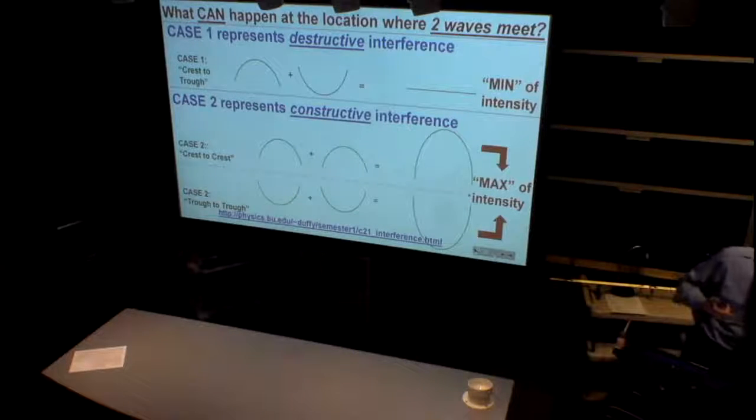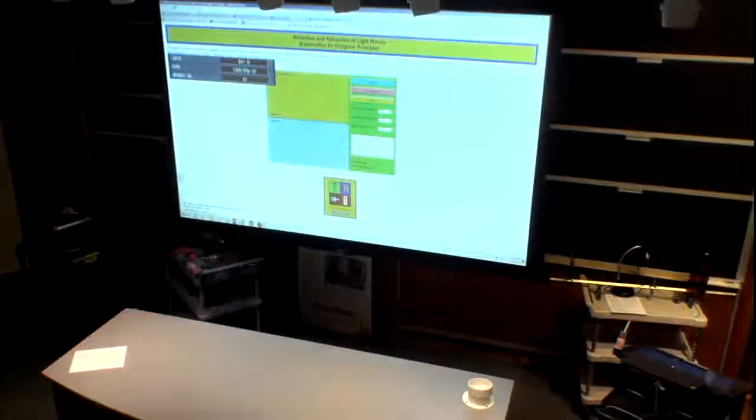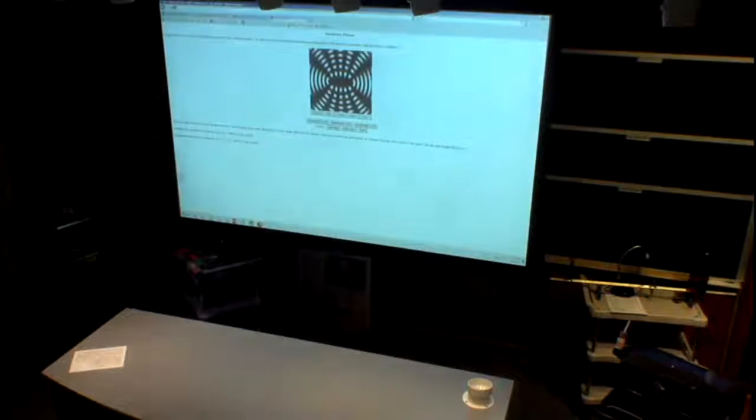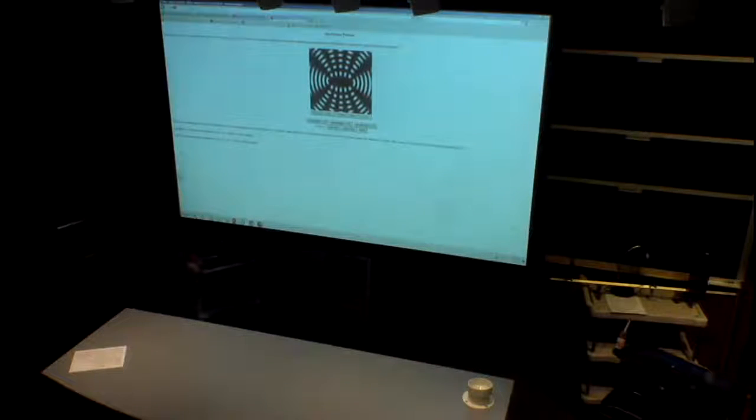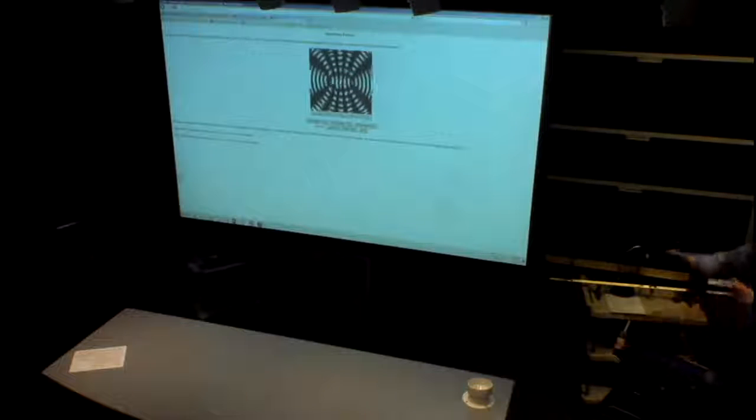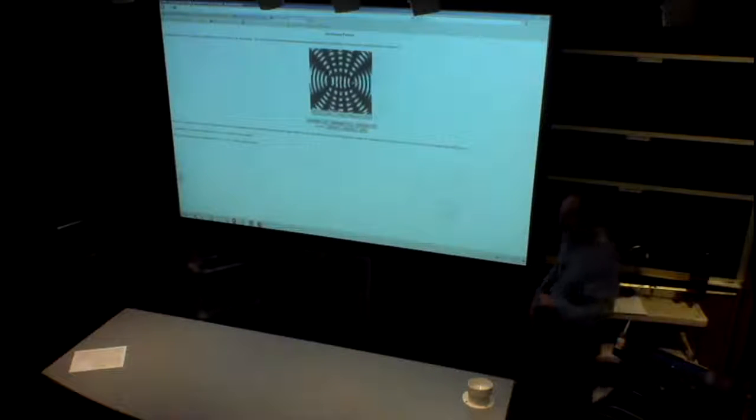Well, again, we can look at an application first. So this is done. This is a time-dependent picture of a steady wave in a space around two sources.